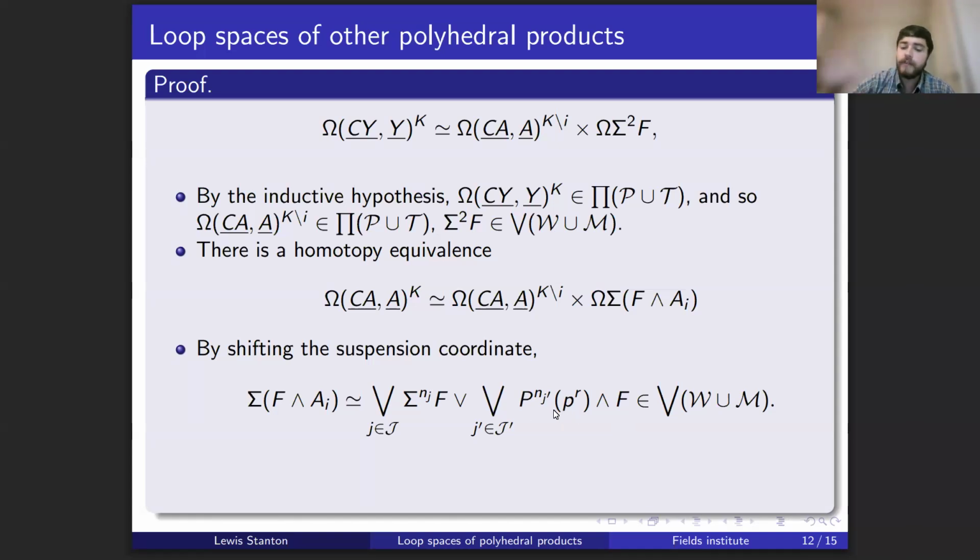And again, for dimensional reasons, where I said that these will have dimension 4 and above, you can again shift around some suspension coordinates to show that this right-hand side is a big wedge of Moore spaces.